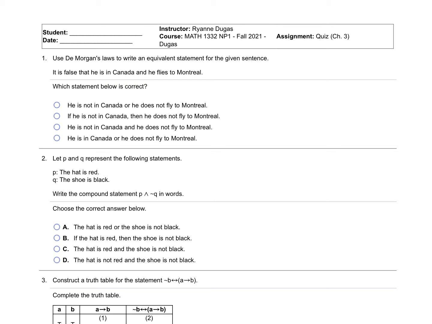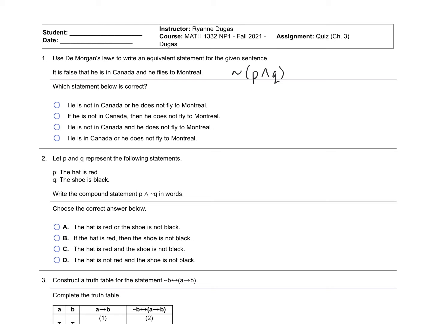So for number 1, use De Morgan's law to write an equivalent statement for the given sentence. It is false that he is in Canada and he flies to Montreal. So that's what it would look like in symbols. De Morgan's law, we want an equivalent statement.